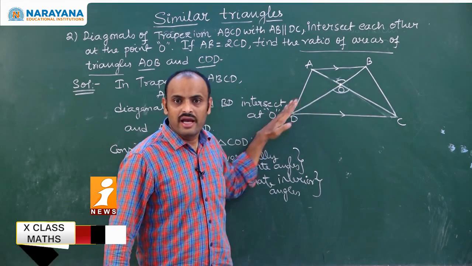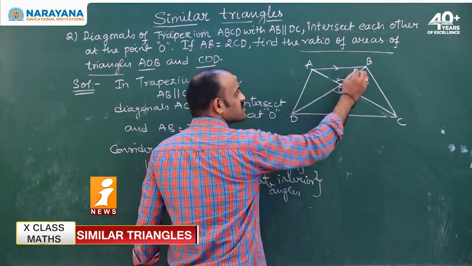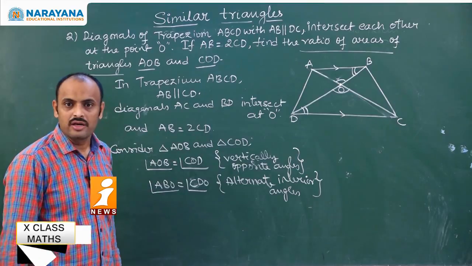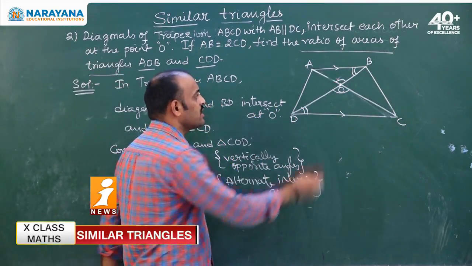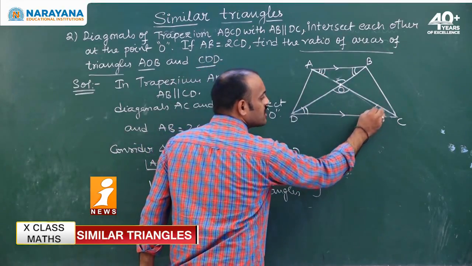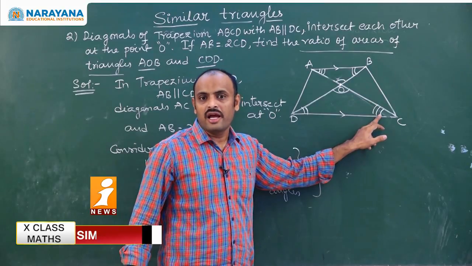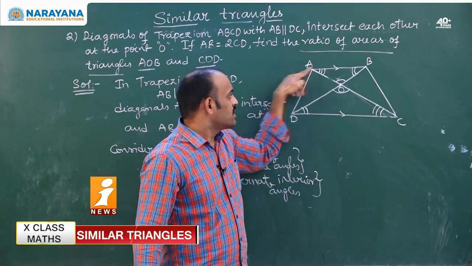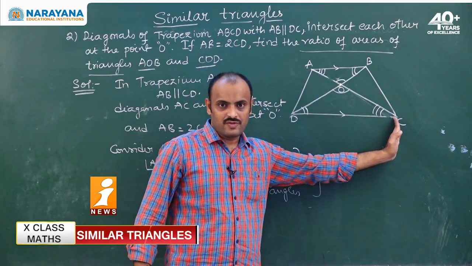Here BD acts as transversal. Therefore, the angle here and the angle here are equal. Reason? Alternate interior angles. And the angles here and here are also equal. The reason? They are also alternate interior angles, as AC acts as transversal. AB is parallel to CD and AC acts as transversal.